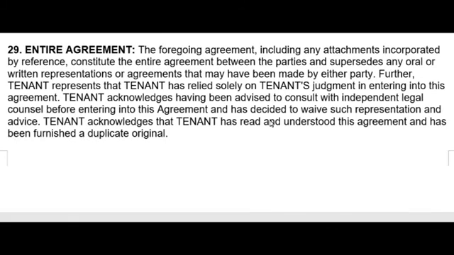The tenant acknowledges having been advised to consult with independent legal counsel before entering into this agreement and has decided to waive such representation and advice. The tenant acknowledges that the tenant has read and understood this agreement and has been furnished a duplicate original.